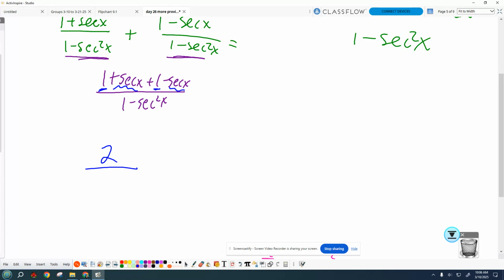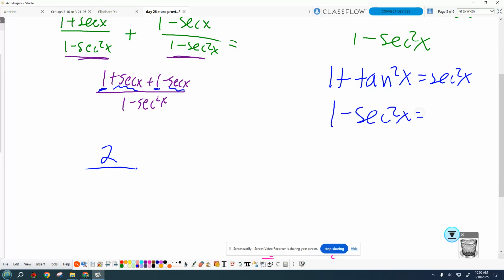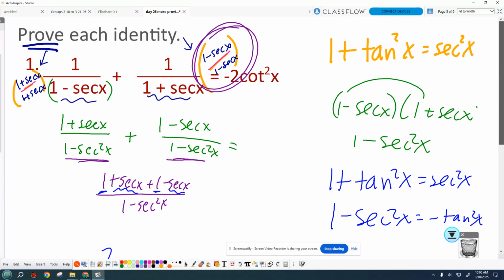Leo, the identities. The identity that has secant in it is this one. So what is 1 minus secant squared equal to, given this identity? So I get 2 over negative tangent squared.